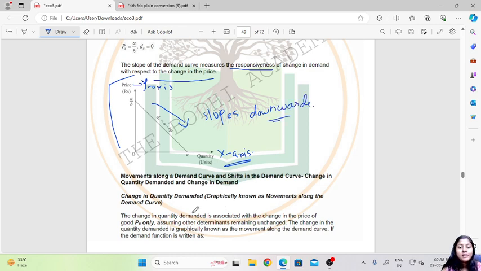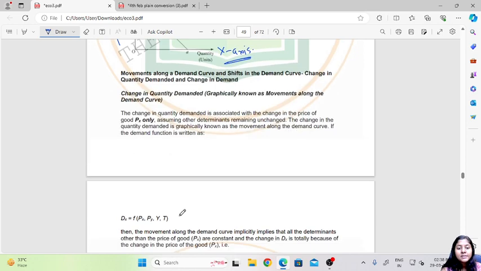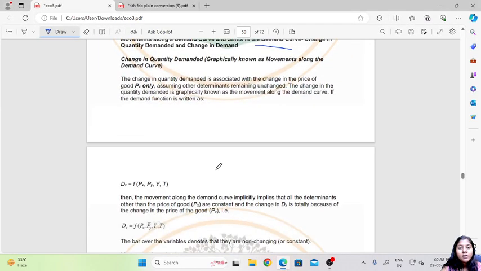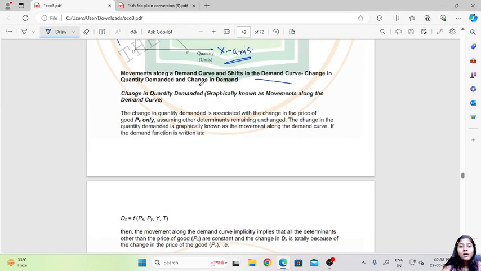The next thing we have to understand is movement along a demand curve and shift in the demand curve, that is, change in quantity demanded and change in demand. Change in quantity demanded is graphically known as movement along the demand curve. So there are two names here.